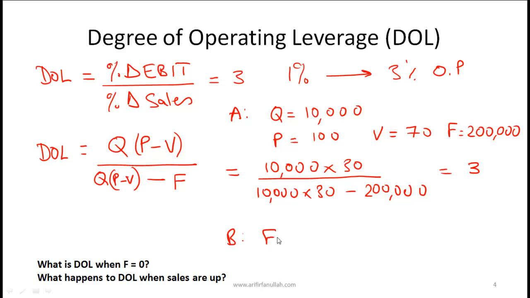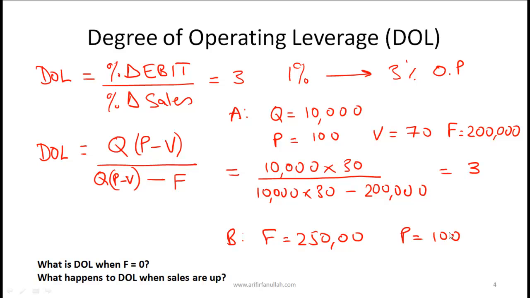Let's say that for company B the fixed cost is equal to 250,000. So again, go through this exercise and calculate the degree of operating leverage for company B with fixed cost equal to 250,000. But for company B, let's say that the price is the same.